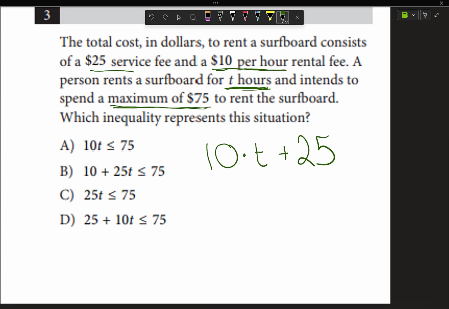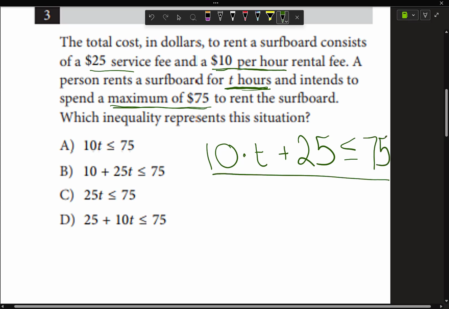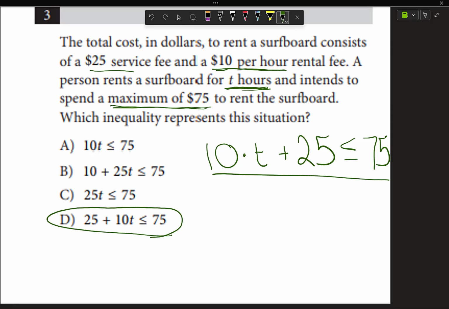Maximum means it's going to be $75 at most. So it's 75, 74, 73. It's everything that's less than or equal to 75. And you'll notice they wrote it in a slightly different order. But 25 plus 10t is the same thing as 10t plus 25.